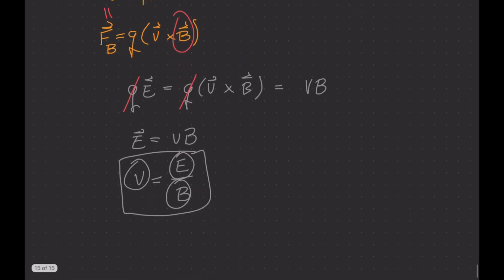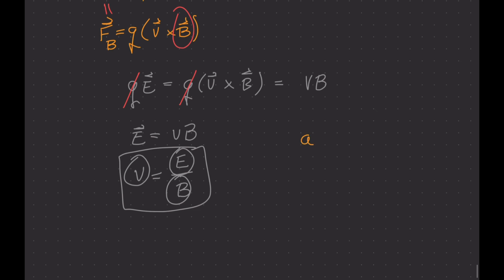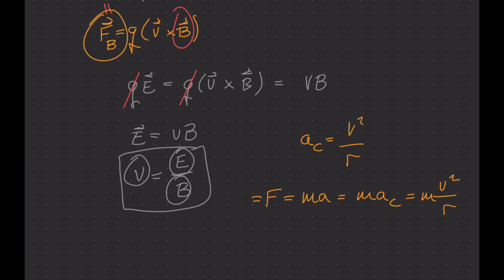Okay, so that is where that centripetal acceleration equation comes from, v squared over r. If you remember Newton's law, you can plug in F equals ma. In this case, what we have is m a_c, and this will give you mv squared over r. And on this side, what we have is F_B. The only force felt by this charge is the magnetic force.